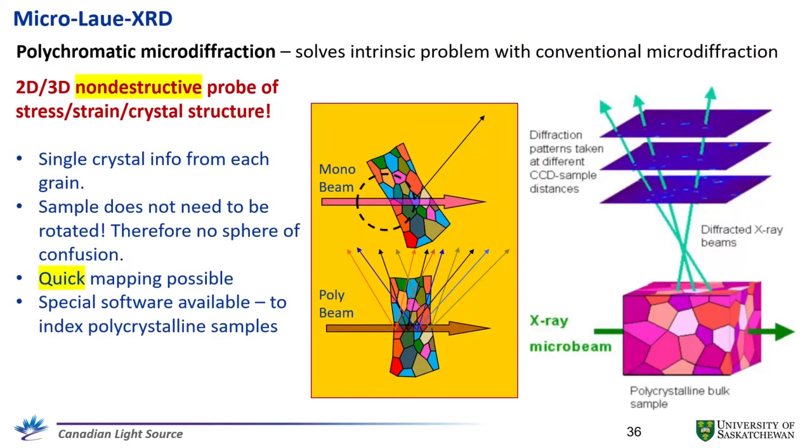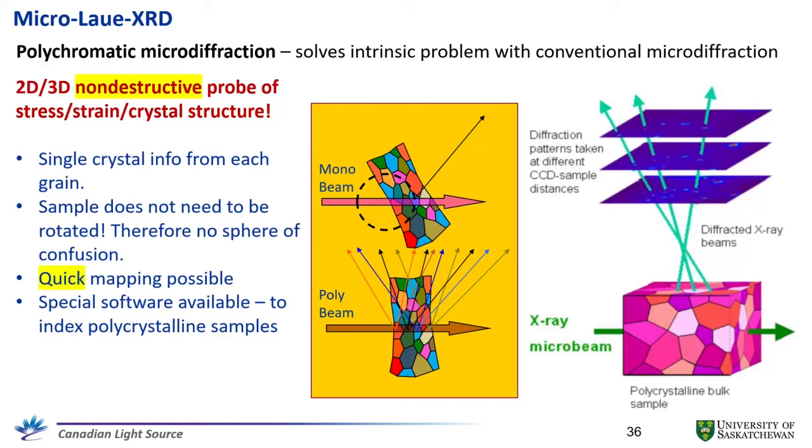Another technique, imaging plus diffraction, is so-called micro Laue XRD. In this case, we can detect the materials, especially metal materials. You have grains inside the metal alloy, and people want to know the orientation of each individual grain, or maybe the stress and strain of the grain.